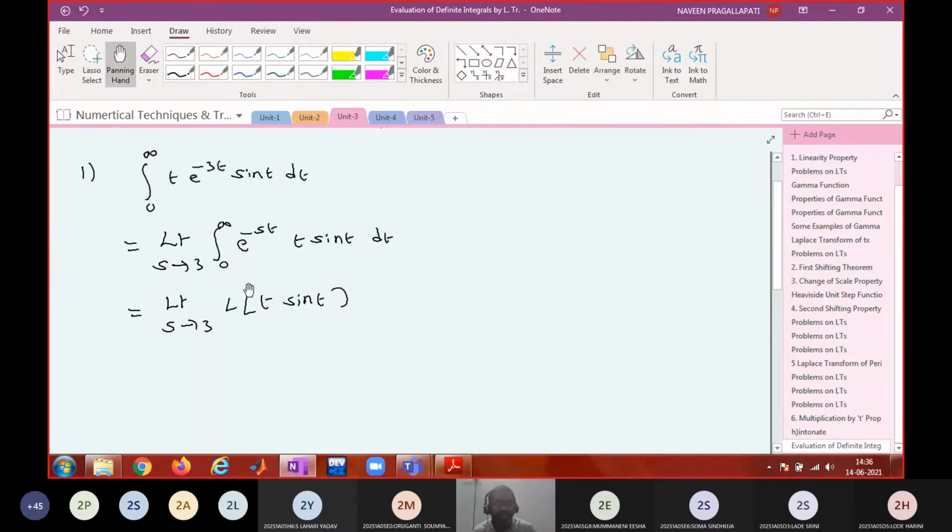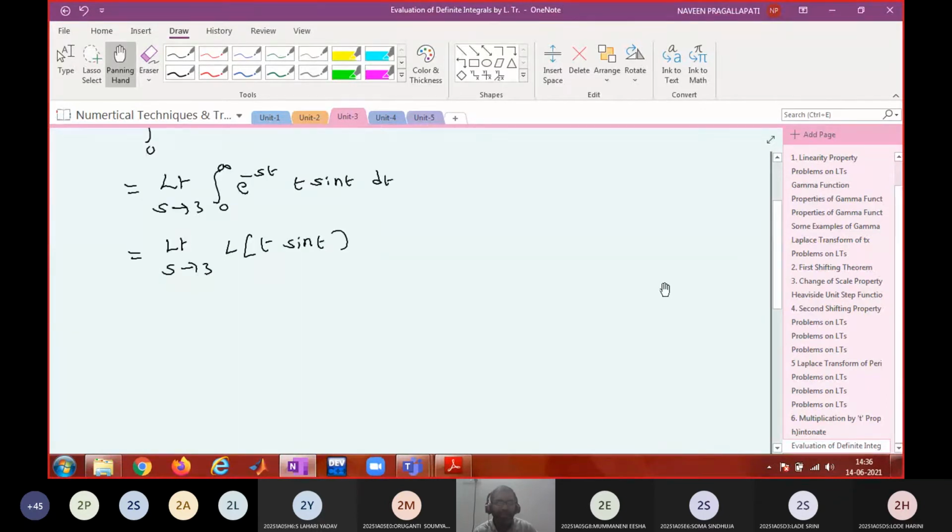The integral definition of Laplace of t sin t is 0 to infinity kernel into t sin t. And you know the Laplace transform of this function. What is that Laplace transform? So limit s tending to 3, 2as over (s square plus a square) whole square. What is a here? 1. So 2s by (s square plus 1 square) whole square. Now substitute 3. So 6 by (3 square plus 1) whole square.